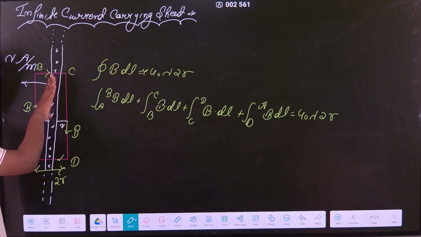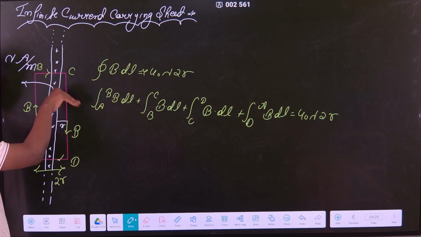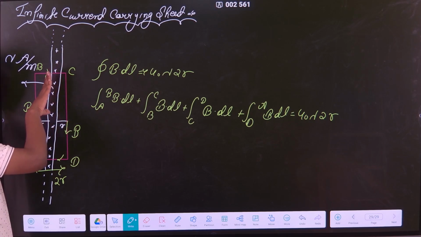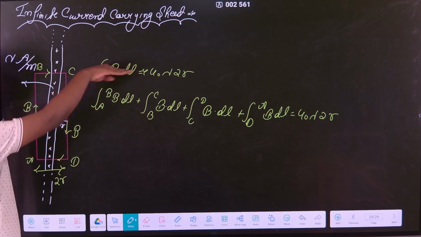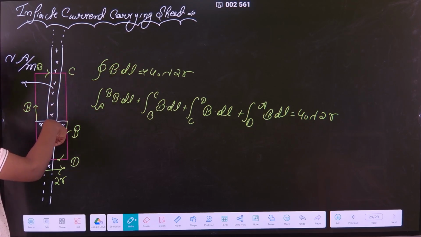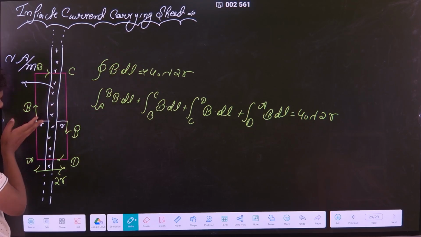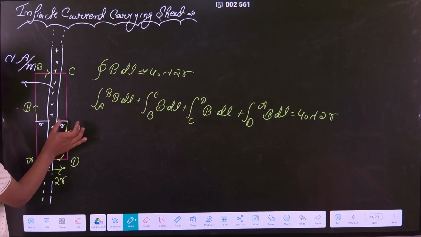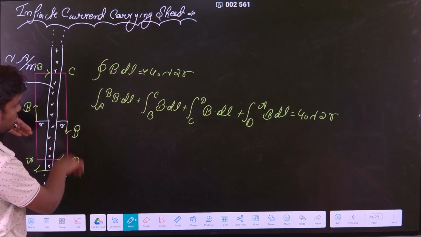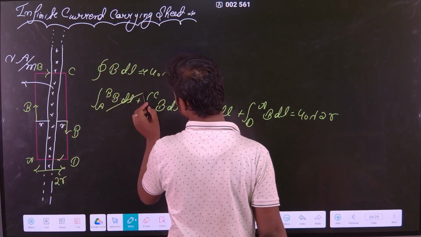Suppose I keep my thumb here to calculate the magnetic field, you will get the magnetic field in this direction, correct? Where the horizontal component will be added and the vertical component will be subtracted. So you will get the net magnetic field in the horizontal direction only, because these are opposite to each other, so they will cancel out each other. So for these two surfaces you will get 0.